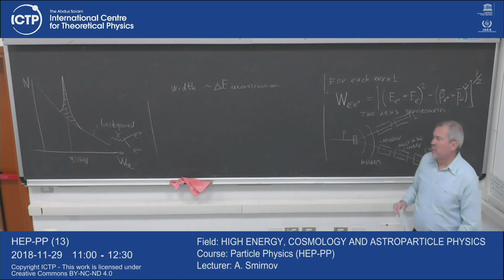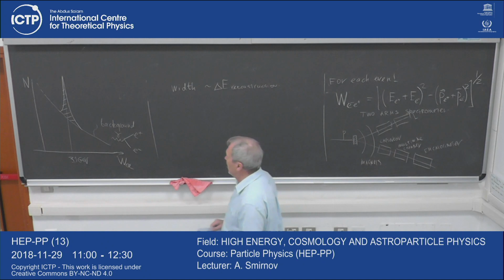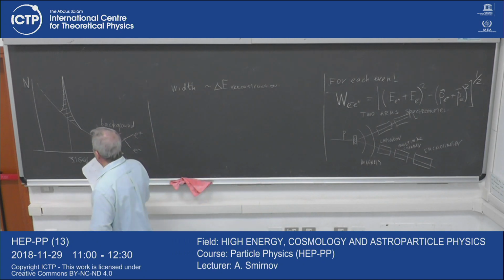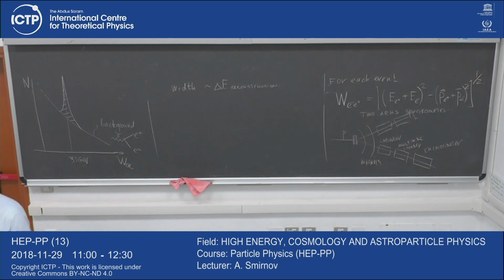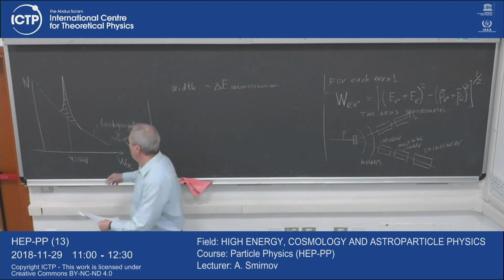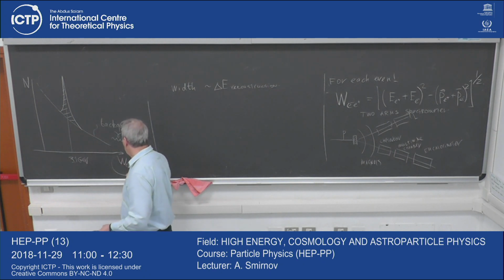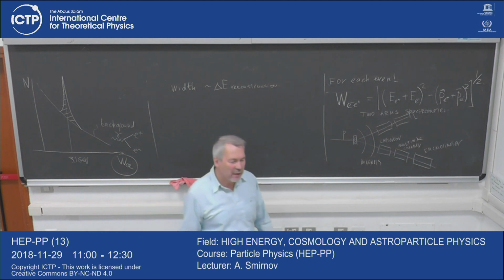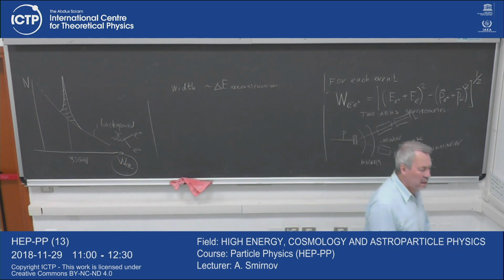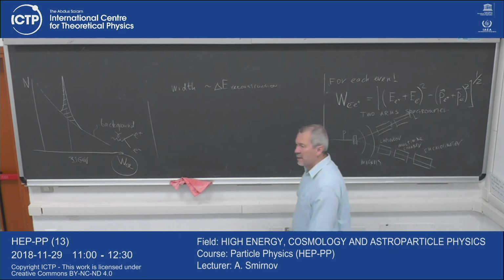So now let me ask you the question. Do you know why appearance of a new particle should show up as some peak? So what he saw was an increase of number of events in a certain range of this W. Who knows why it should appear as a peak? Well, I think this is the same reason why they call it resonance.